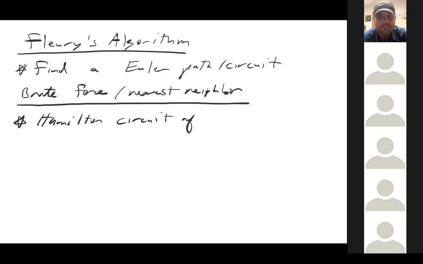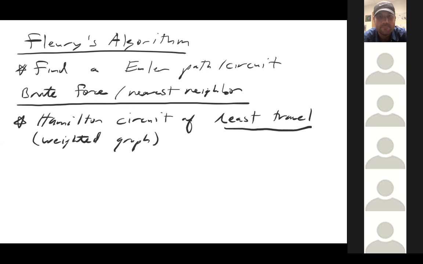For both? Yep. We're trying to find a Hamilton circuit of least travel in a weighted graph. Remember, this is the traveling salesperson problem. Okay. So a Hamilton circuit means we hit every city and we do it as fast as we can. So remember, this is the optimal. We're trying to find an optimal path. Okay, so that's the brute force and the nearest neighbor.